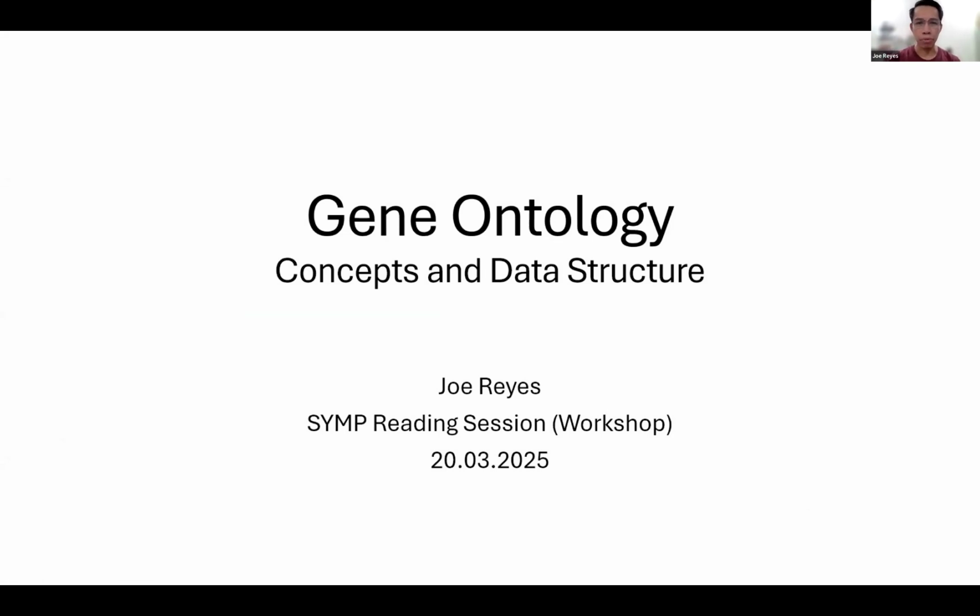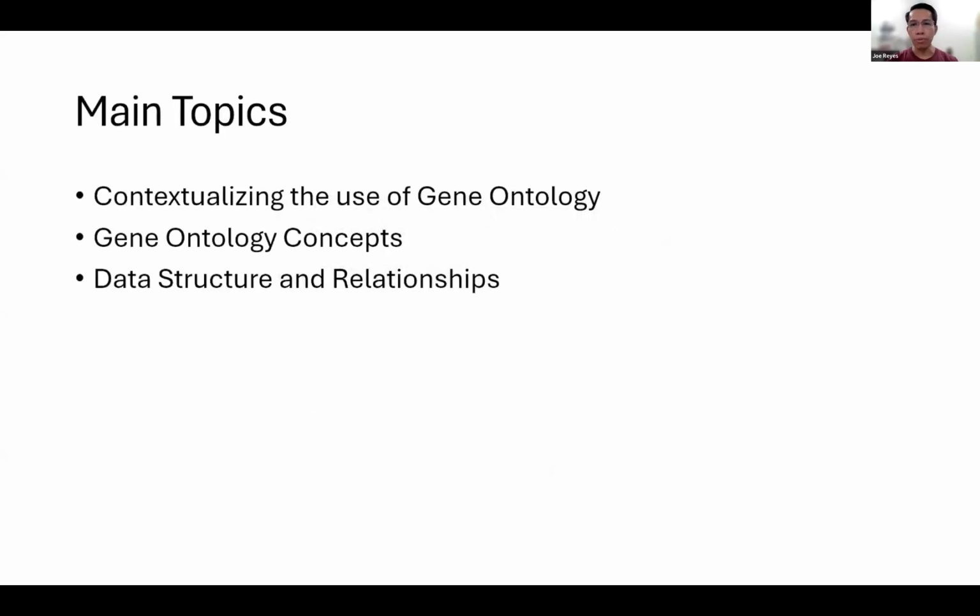Now I'm going to share some concepts and just a topical overview of Gene Ontology and some data structures that are there that we could hopefully pick up and apply to our group.